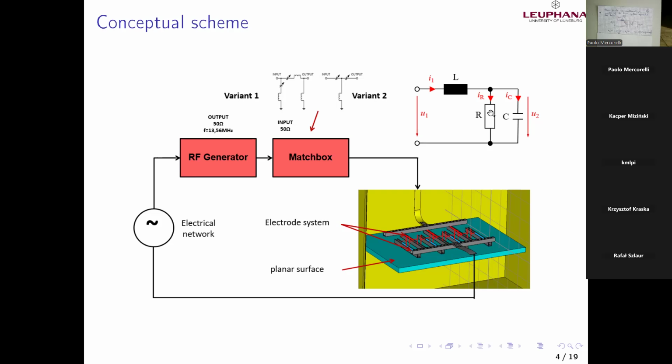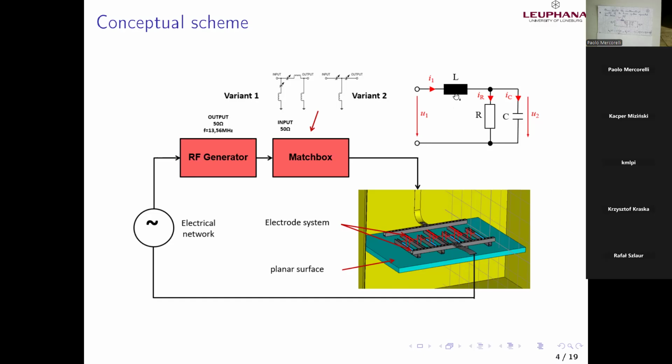We can see exactly what I would like to present today, an RLC circuit in this particular topology or configuration, which can represent exactly the desiccator system, or better to say, this part of the desiccator system, and also the matchbox.